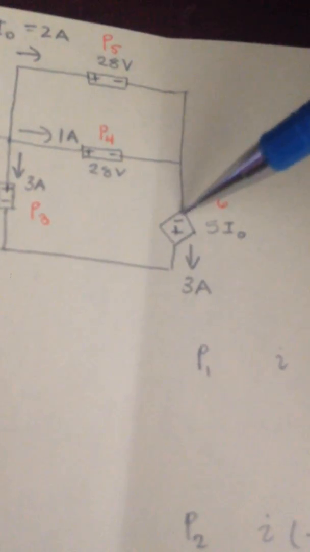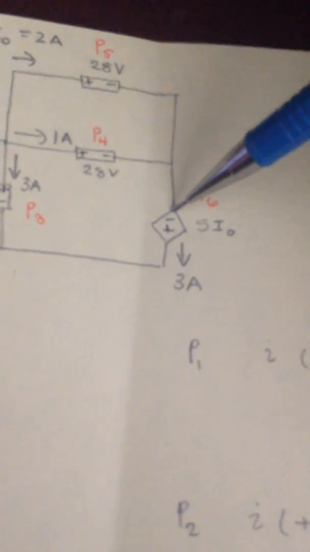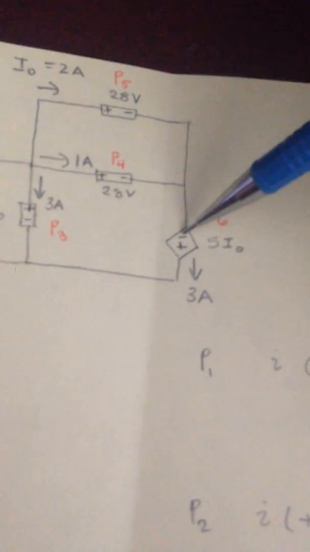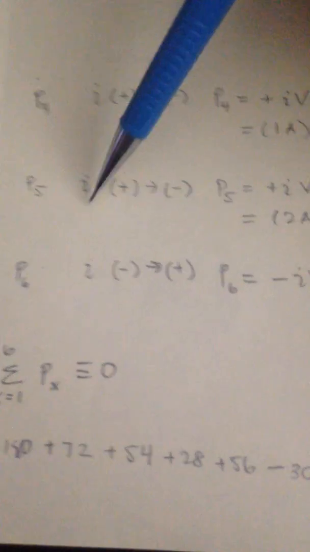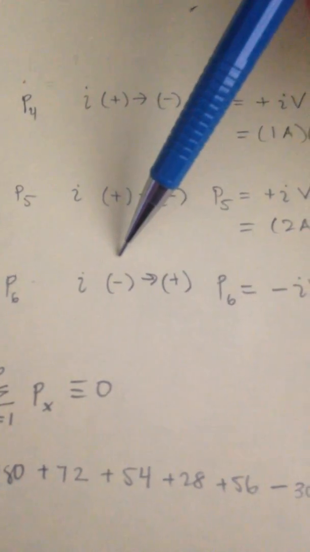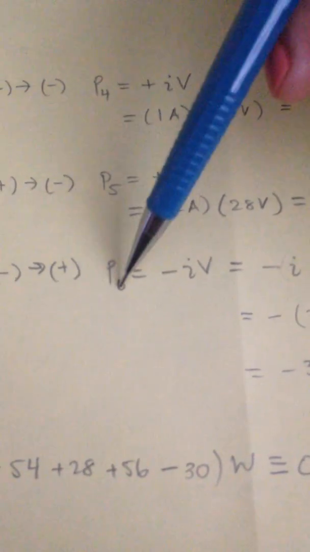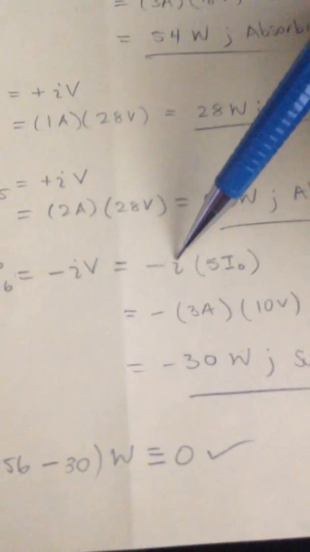Because it touched the negative terminal first, it's going to have a negative sign associated with the power. So that's all I'm saying right here, that the current first is going to go through the negative and then the positive, which means that the sign attached to the power for P sub 6 has to be a negative. And then we fill in what they tell us.